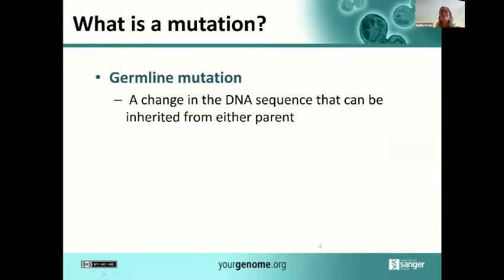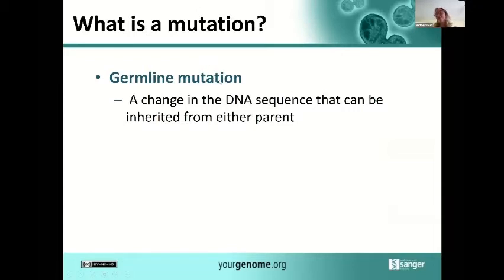What happens in cancer is these chromosomes, they're made of DNA, so they have genes on them, but the DNA may mutate, so it changes. So it can change the DNA sequence. Some of these mutations are known as germline, which means they happen in the gametes, which are the sex cells, so the egg or the sperm.